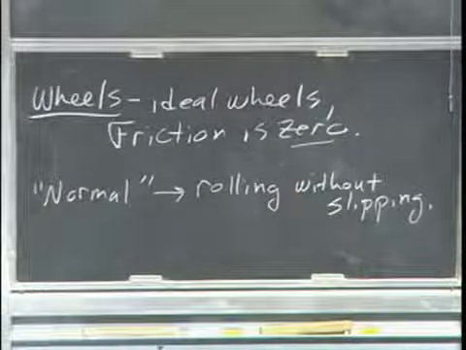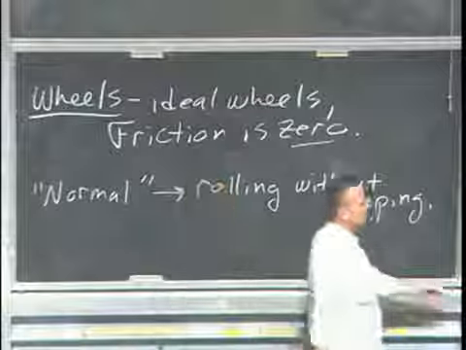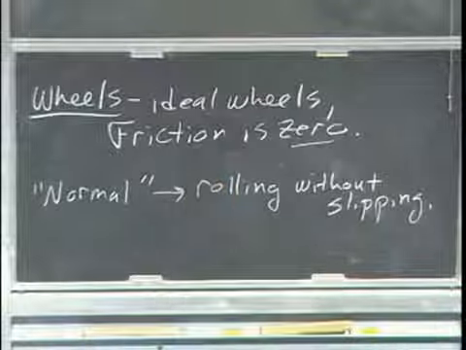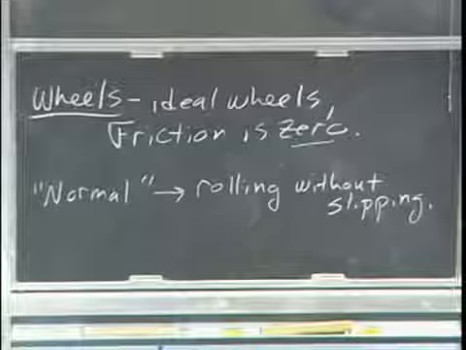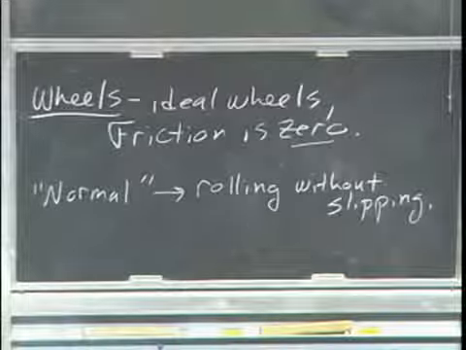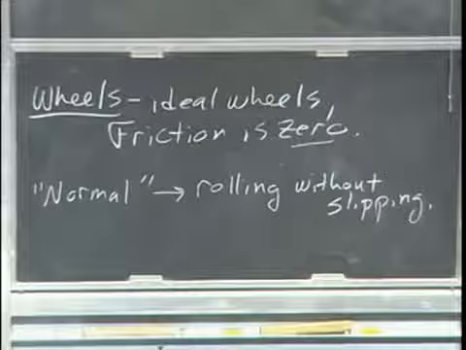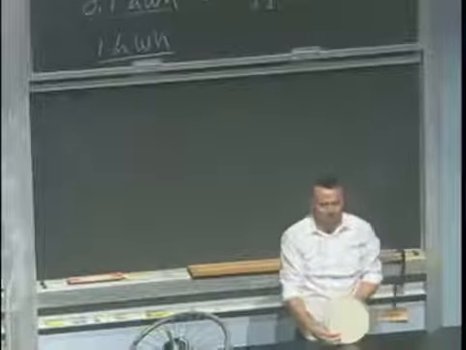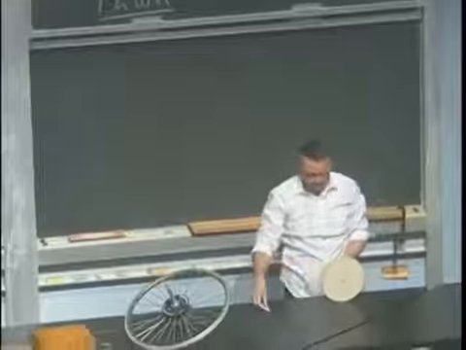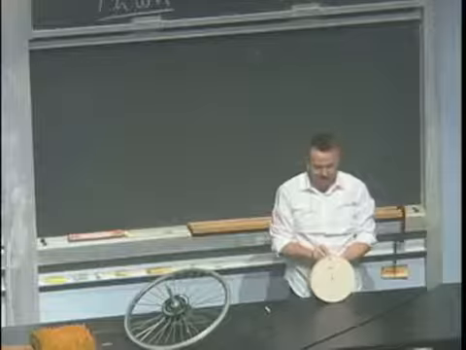Let me show you what happens to a point on the wheel when it comes down and touches the ground. Actually, I'll do that on the back one there. Here we've got a wheel, and I'm going to take this piece of chalk and put it right on the edge.